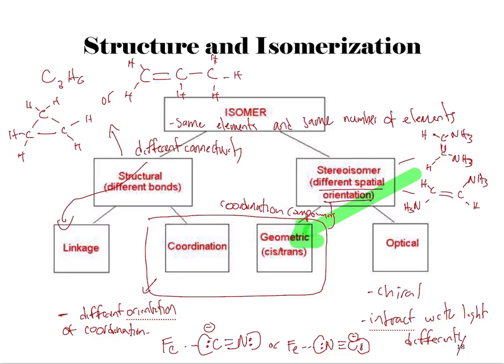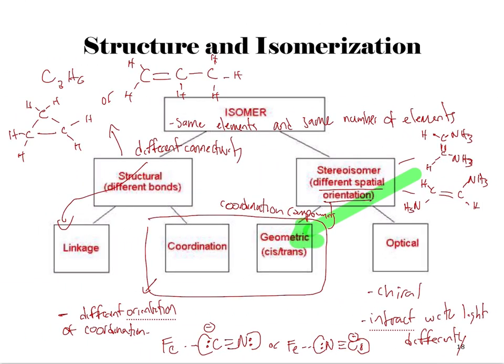So the lone pair from the nitrogen can coordinate with the metal, or the lone pair from the carbon in this compound can coordinate with the metal. So those would be considered coordination isomers. The geometric isomers, like cis and trans, are going to have the same type of coordination, but it's going to depend on the spatial orientation of how these compounds are coordinated to the metal center.